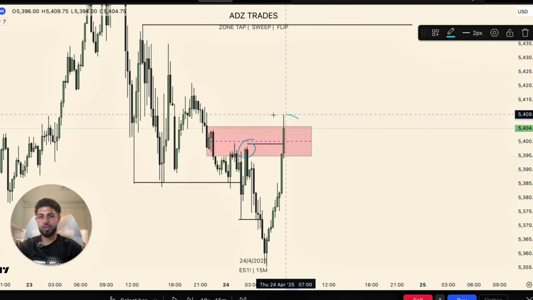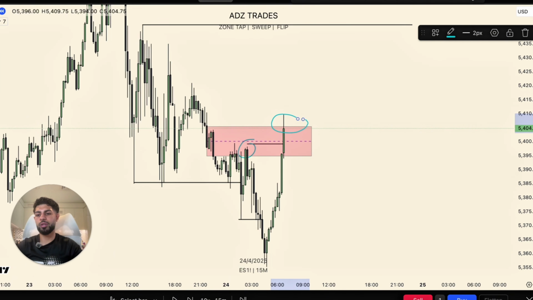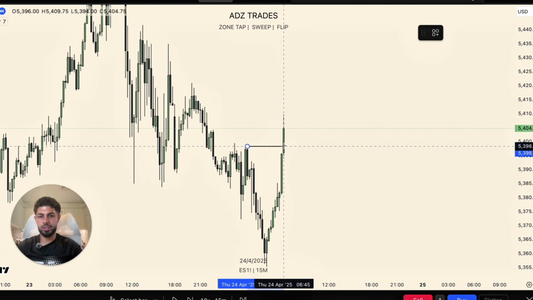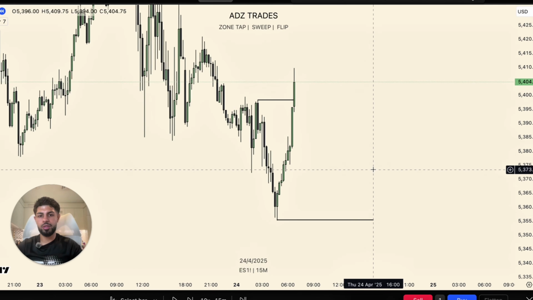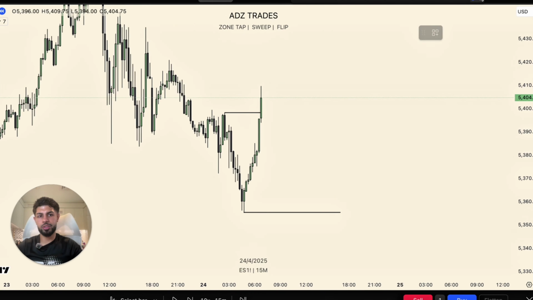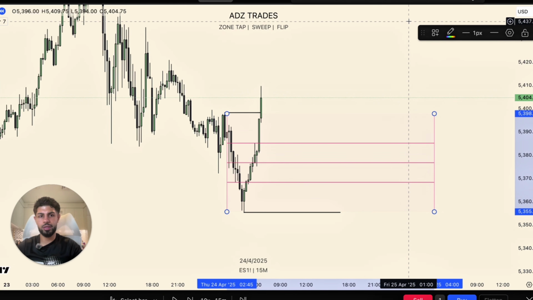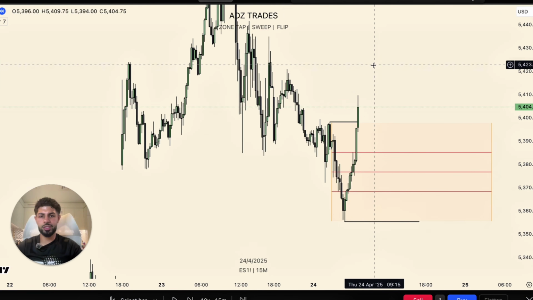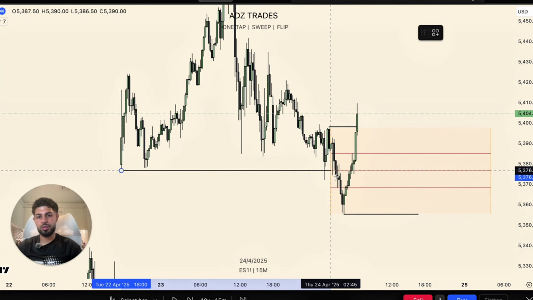So now that we've come above here, I'm taking this as a real change of character and not a fake one. So now that is giving me a bullish bias between this high and this low. Okay, I'm looking for a potential long in this zone here. Okay, what do I also notice that can give me some further confluence? I can see we're sweeping the previous day's lows, right?